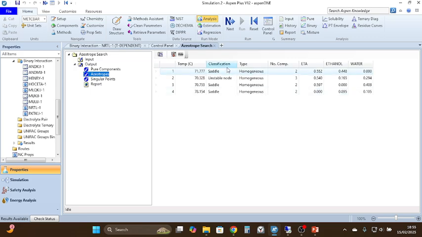Over here, you can see the classifications of saddle and unstable node, and the other two azeotropes are called saddle; the classification is given. I'm going to tell about this classification of saddle, and the unstable node. Now, can you tell me what homogeneous azeotrope and heterogeneous azeotrope mean?